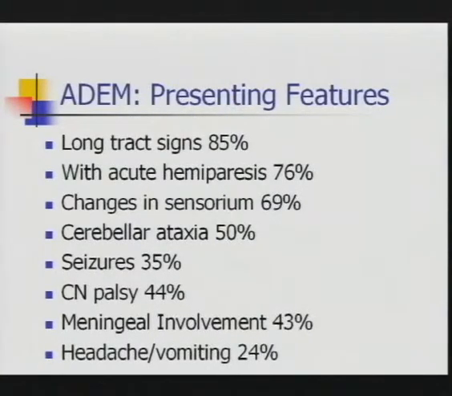Those are really the sine qua non of pediatric ADEM, and these are the symptoms that I always teach the residents what we need to look for. The other thing I'll point out about this is meningeal involvement tends to be fairly high, especially in the younger kids.